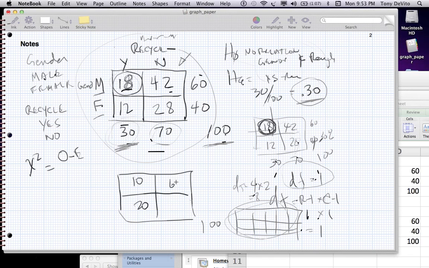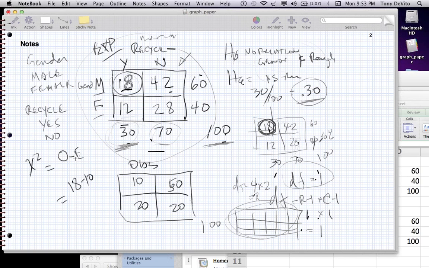That leaves 60, 50, and 20. These are my observed values, these are my expected values. My observed value minus my expected value is going to be 18 minus 10, which is going to be 8.